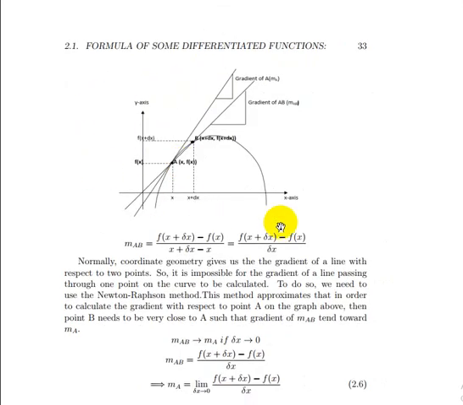So let's say we have this graph. In this graph, you have a curve, the x-axis, and the y-axis. Let's say you have a point A on this graph and a point B on this graph.